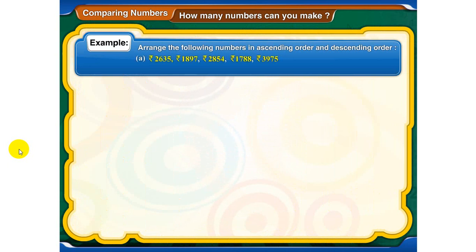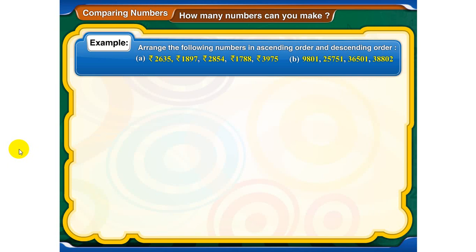A. Rupees 2,635, Rupees 1,897, Rupees 2,854, Rupees 1,788, Rupees 3,975.